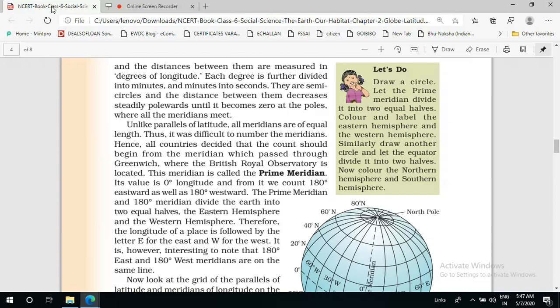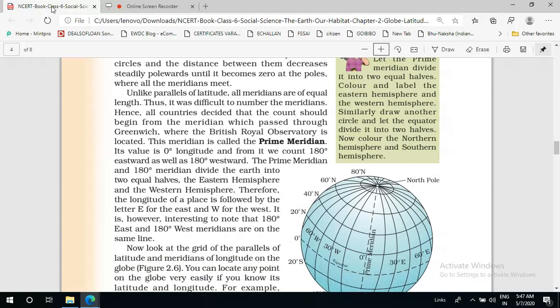The equator is a latitude, and latitude is a horizontal line on the surface of the earth, and longitudes are the vertical lines. So the 0 degree and 180-degree longitudes are dividing the earth vertically in two parts, the eastern and western hemisphere.